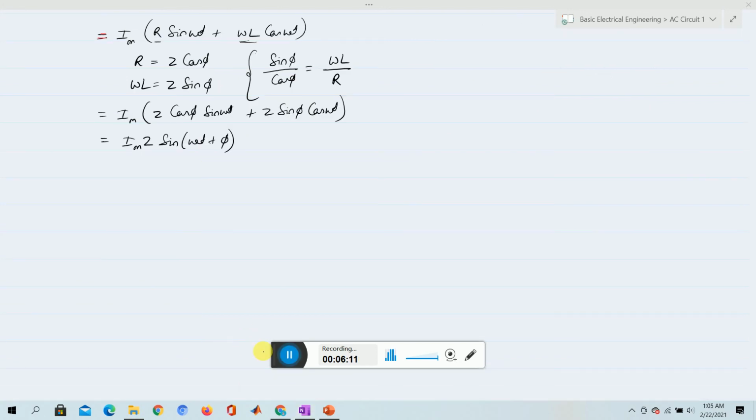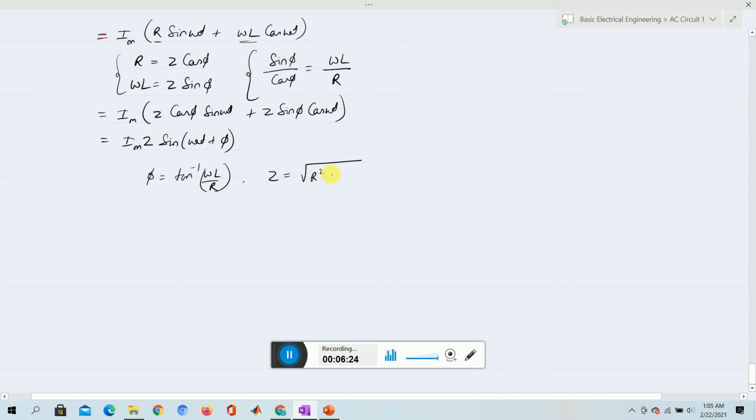So phi equals tan inverse of omega L by R. From these two we can also get the value of Z. Just take the square of these terms: R square plus omega L whole square equals Z square cos square phi plus Z square sin square phi, and since cos square plus sin square is 1, Z square equals R square plus omega L whole square.